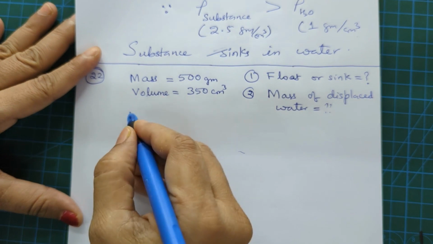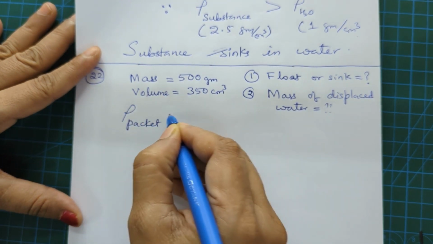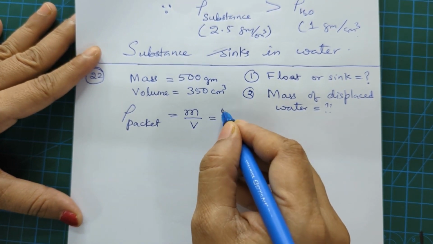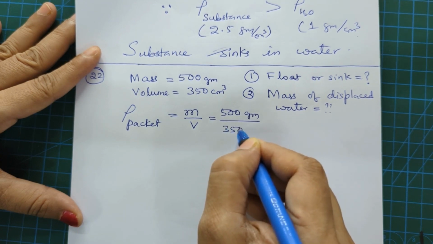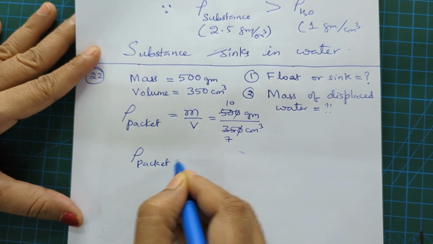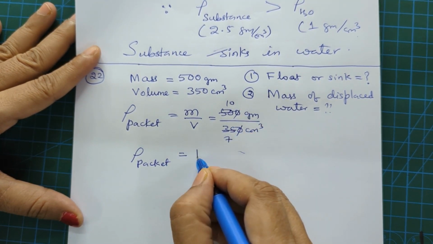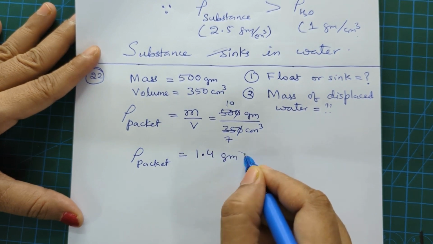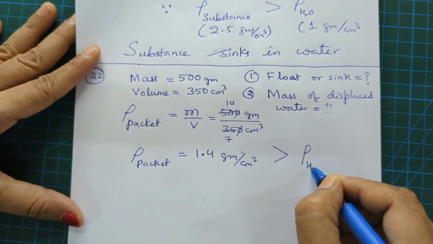Since we know mass and volume, we can find the density of the packet. Density of the packet is mass per volume. Mass is 500 grams. Volume is 350 centimeter cube. Density of the packet is, if I divide, approximately 1.4 grams per centimeter cube, which is greater than the density of water.